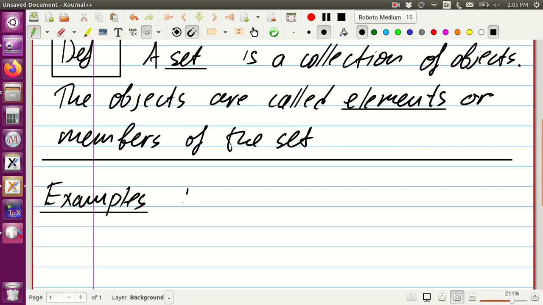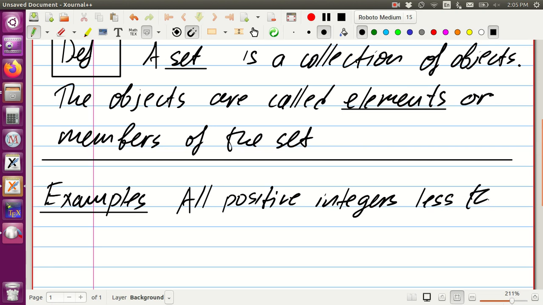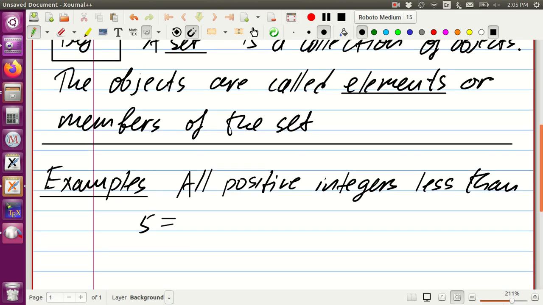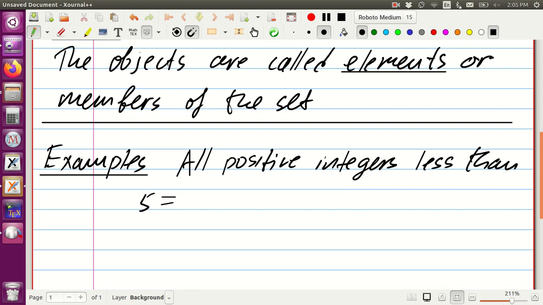For example, we can say all positive integers less than 5. So how can we write it? People usually write sets using curly braces. So open curly brace, then 1, 2, they have to be positive and they have to be integers.